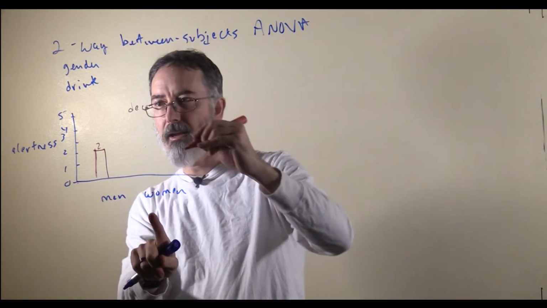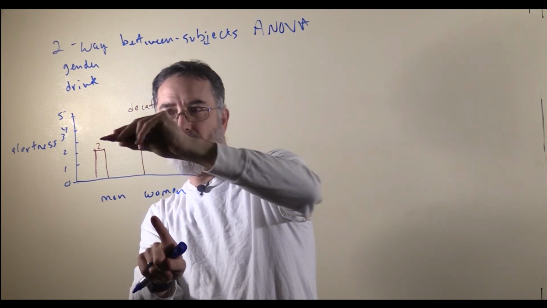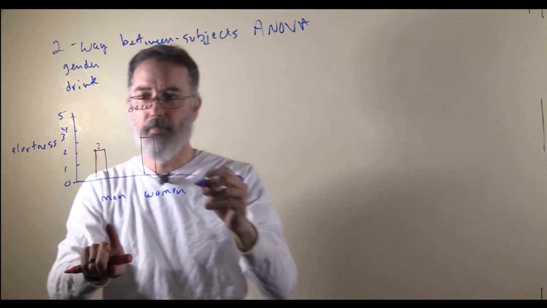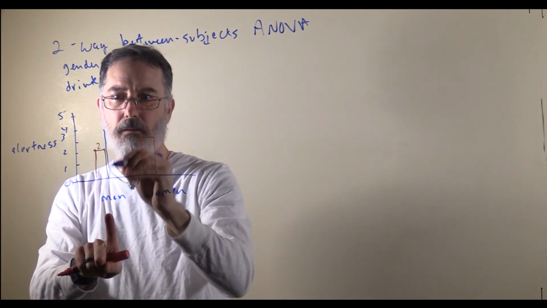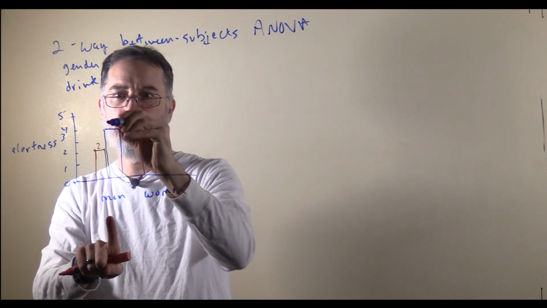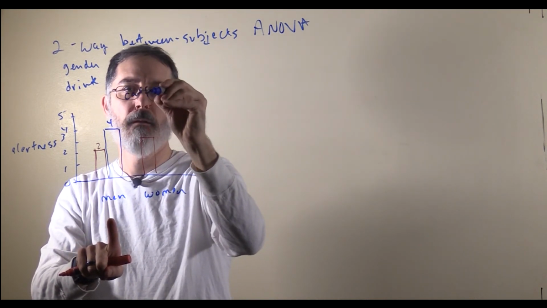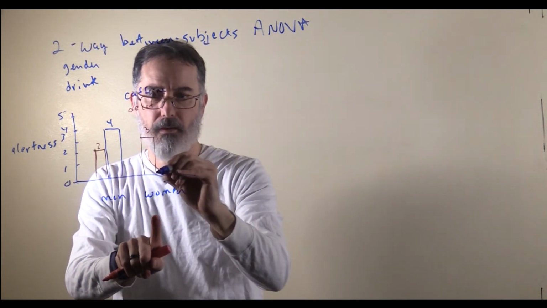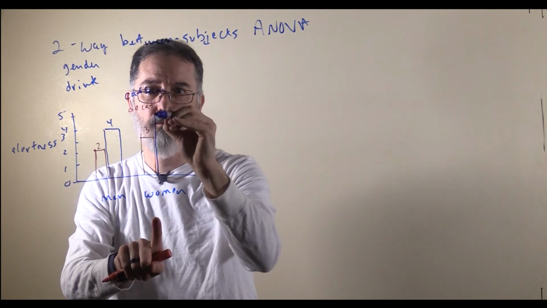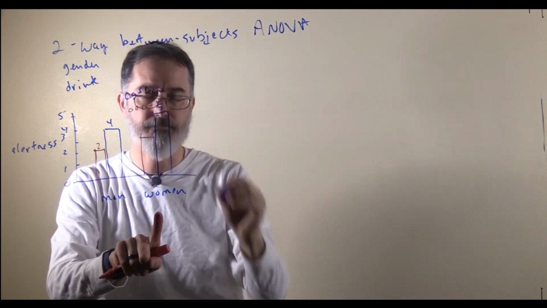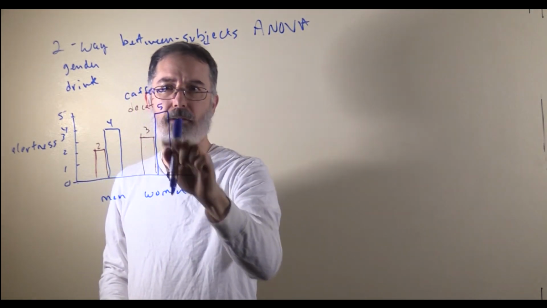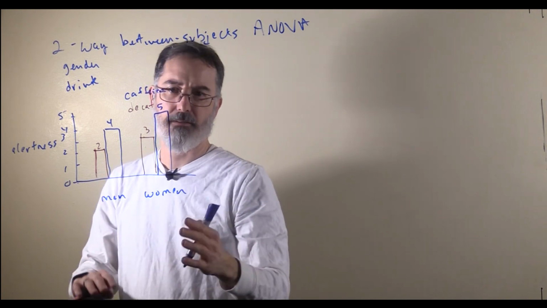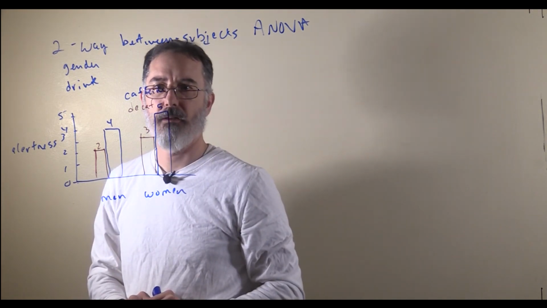And women in the decaffeinated condition, on average, these 100 women, their alertness was 3. And for men who drank caffeine, they did better on this alertness task. They identified 4 of those objects. In women, on average, the 100 women in this group had a mean of 5. So overall, it looks like caffeinated women did best on this alertness task. So it suggests that they benefited the most from the caffeinated beverage.